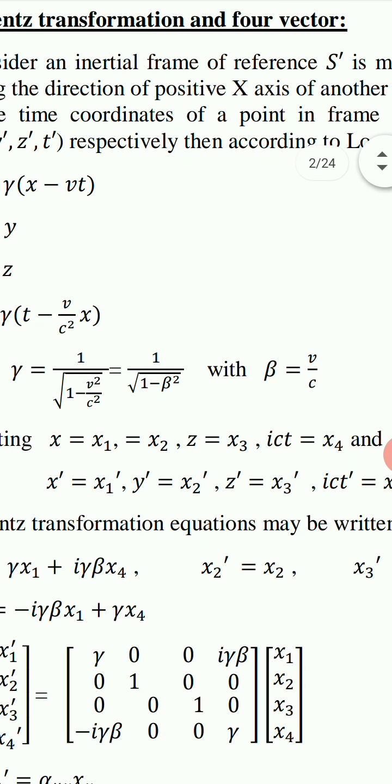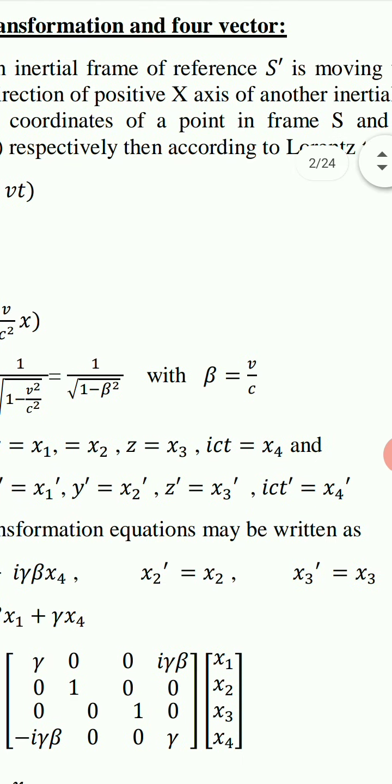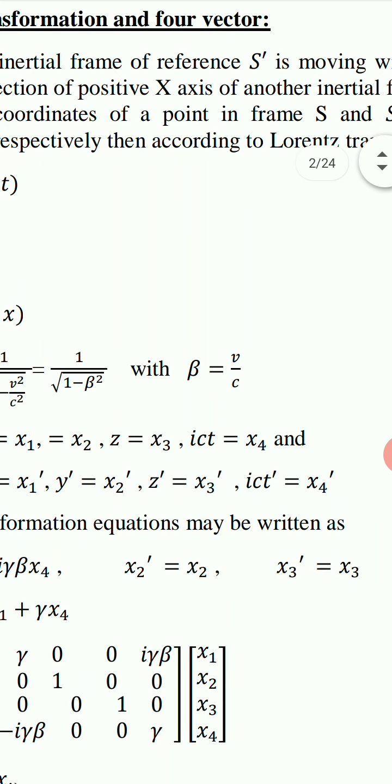And similarly for dash numbers, x dash equal to x1 dash, y dash equal to x2 dash, z dash equal to x3 dash, and ict dash equal to x4 dash.